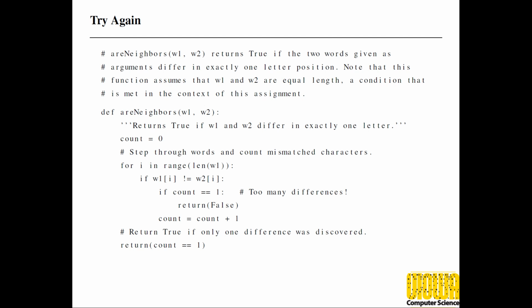So I could even get rid of the counter and make this a variable like x, and say x equals false. And when I hit the difference, I can set x to true as long as it's not already true. If it's already true, I just exit. So there's a lot of things I can do here to make this cleaner or simpler or whatever. But basically, iteration here in the form of a for, because it's bounded, is the way to go.